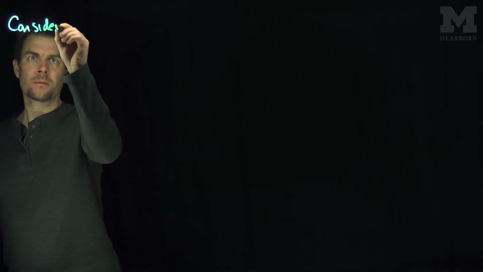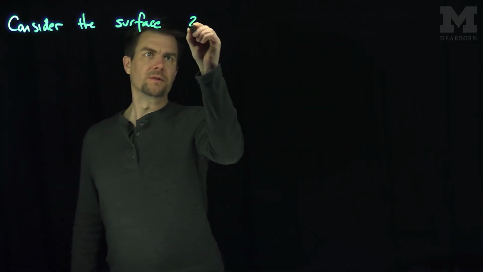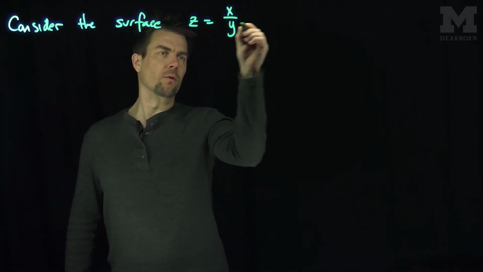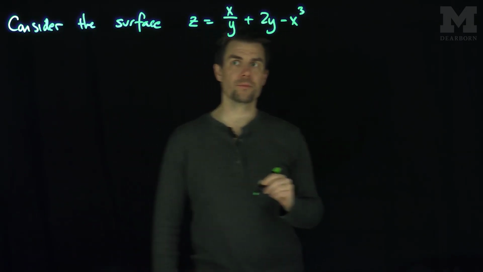Hello students, in this video we'll see an example of finding the tangent plane to a surface. Consider the surface z is equal to x over y plus 2y minus x cubed.